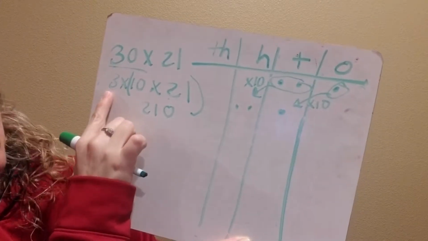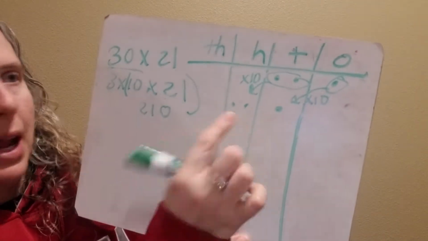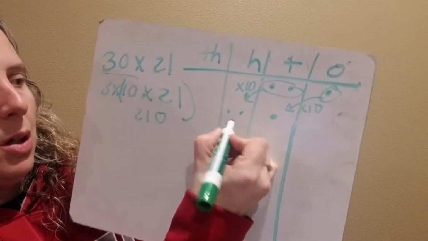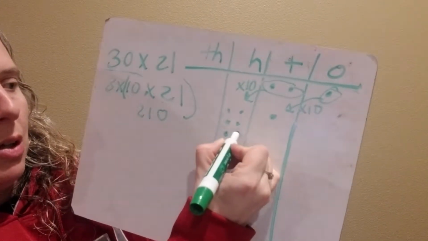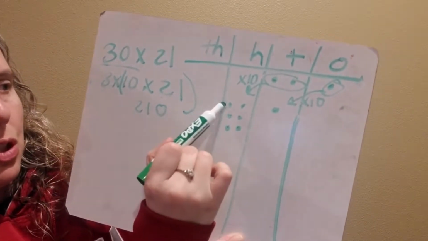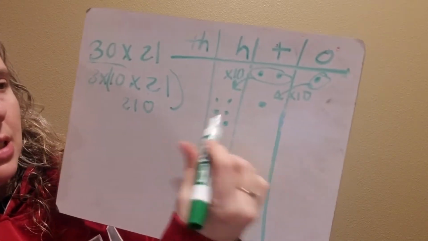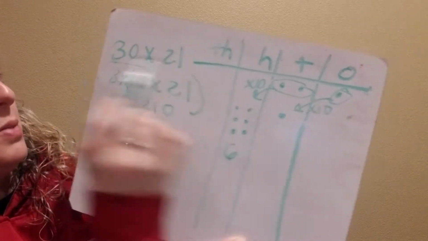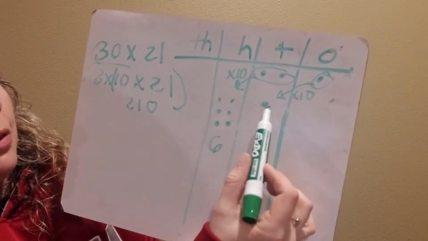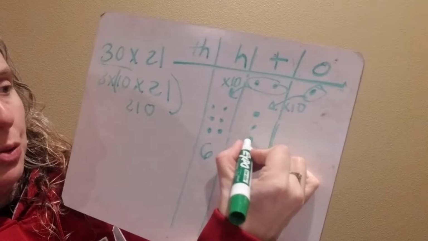Now I need to multiply it by 3. Okay, so that means I need 3 groups of whatever I have there. There's 1 group of 2, 2 groups of 2, 3 groups of 2. Okay, how many is that? 2, 4, 6. I have 6 hundreds, and then I need 3 groups of 1s, because I'm multiplying by 3. 1, 2 groups, 3 groups.